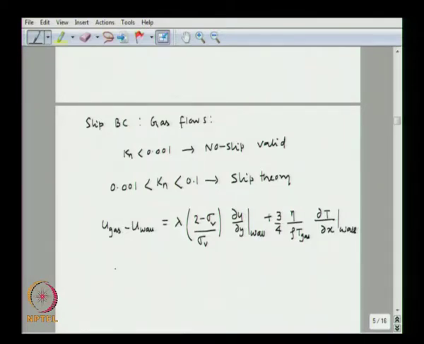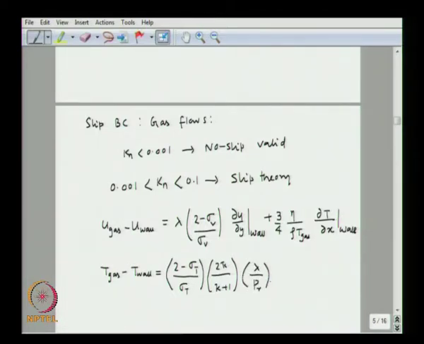And we can write for temperature, T gas minus T wall will be equal to (2 minus sigma T) over sigma T into 2 K by K plus 1, K is the specific heat ratio, into lambda divided by Prandtl number into del T over del y at the wall.